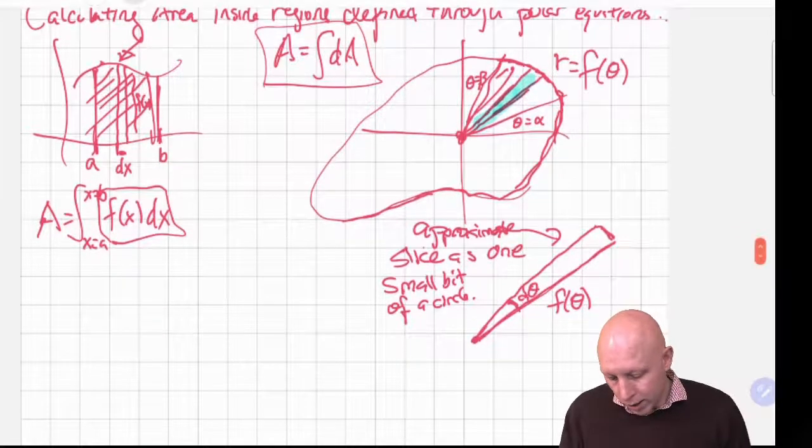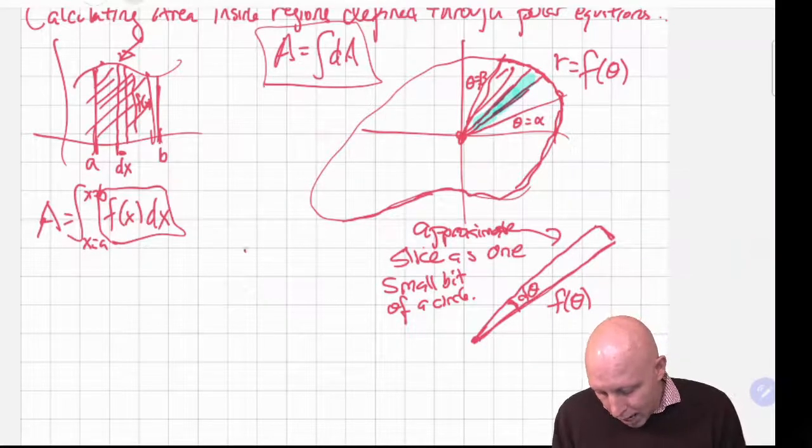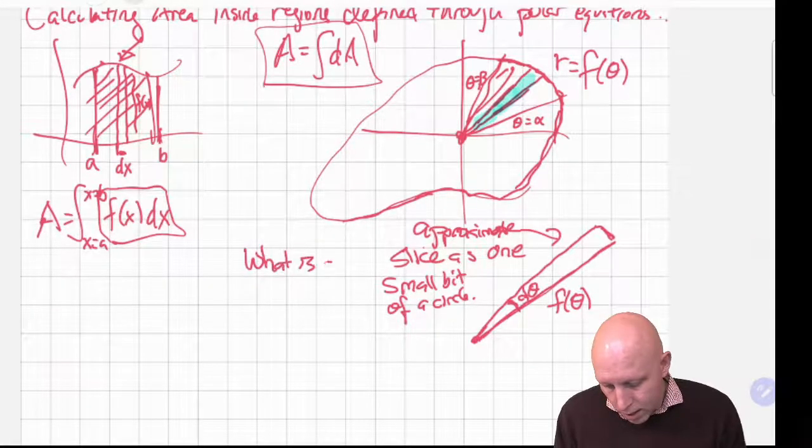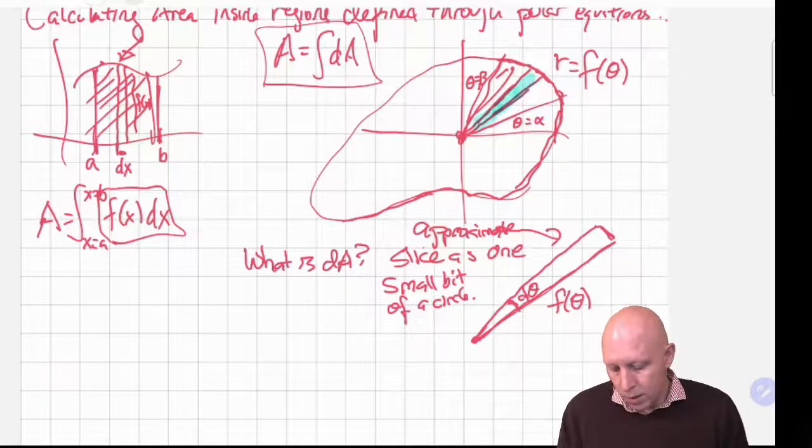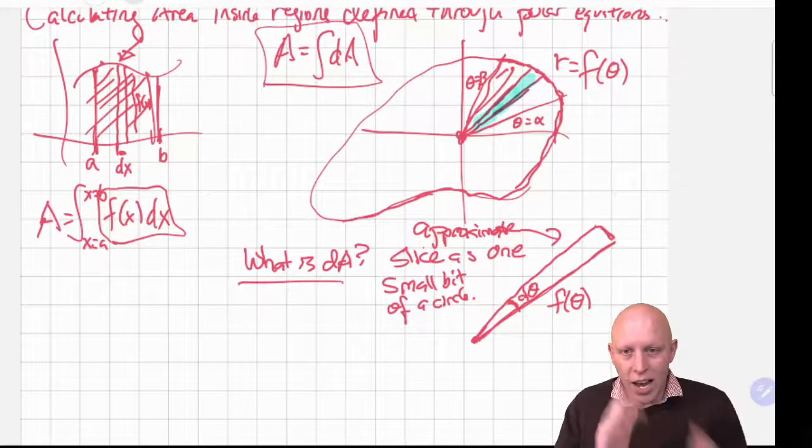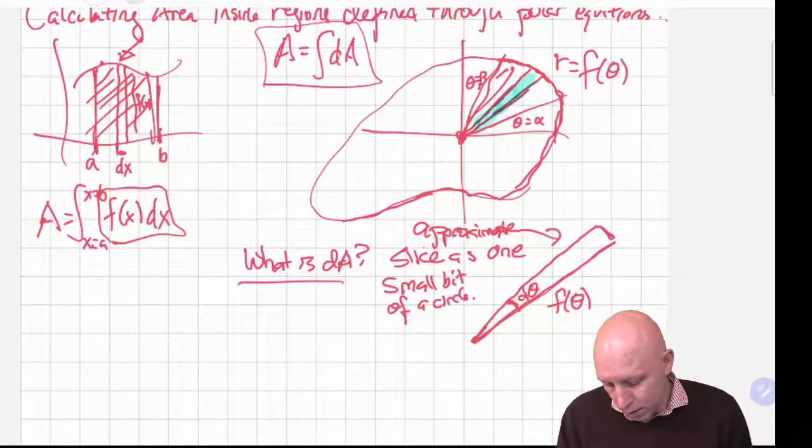And so the question now becomes, what is dA? How big is dA going to be for this slice?